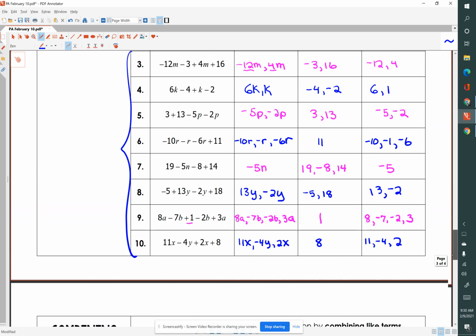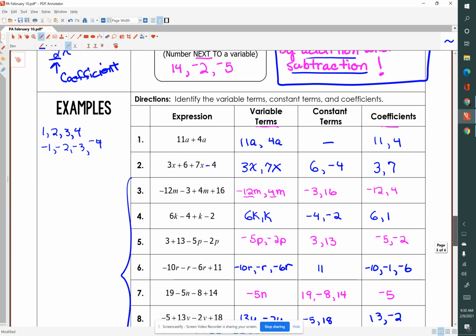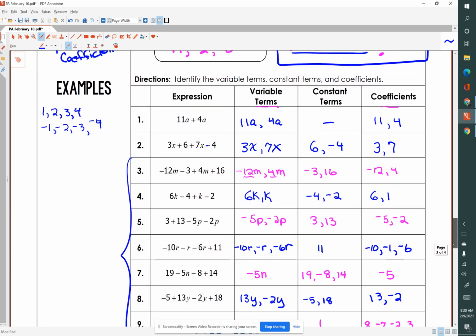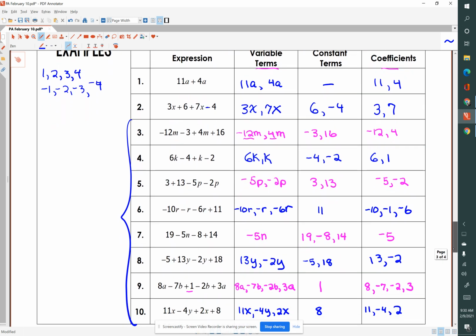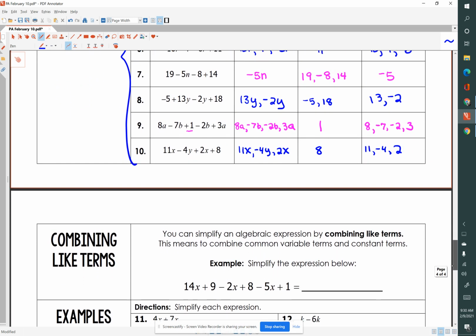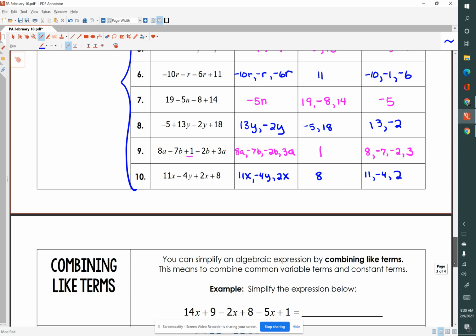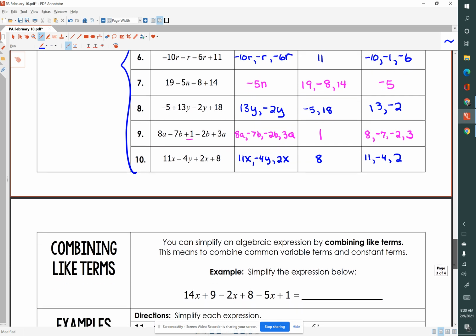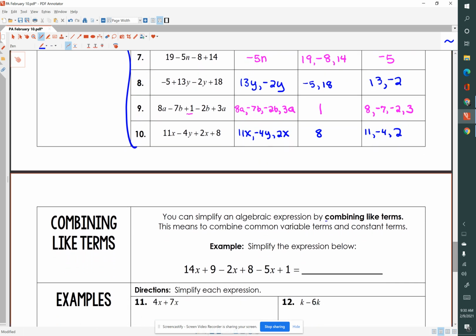So now that you know about the parts of an expression and you know about variable terms, constants, and coefficients, you can go on and learn the next thing we do to simplify an expression, which is to combine like terms. Sometimes I abbreviate it in my notes, CLT, combine like terms.